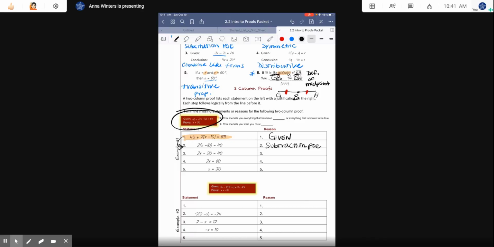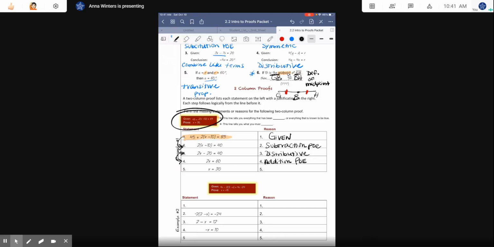All right, so now from step 2 to 3, what did we do? So notice we went from parentheses to no parentheses. Did we distribute or did we divide? What did we do? Right, we distributed. So you can see we actually have 2x minus 20 on the left side. So distribute, or distributive property. Then from line 3 to 4, we added 20 to both sides. So I'm going to write addition, POE.